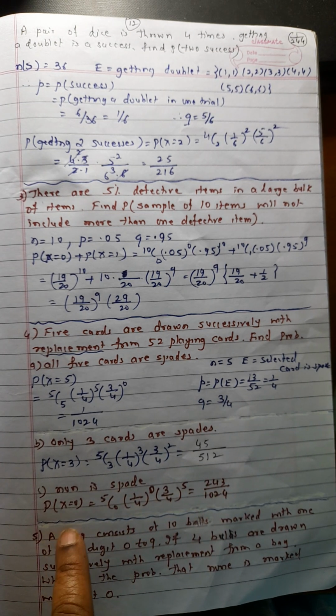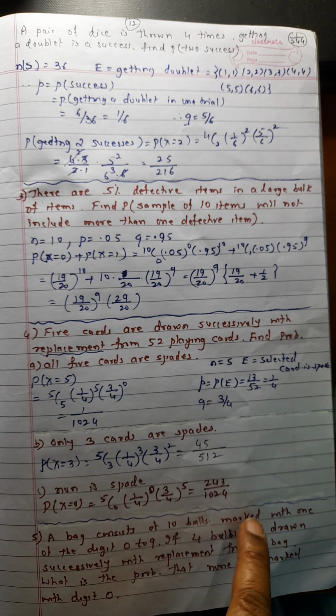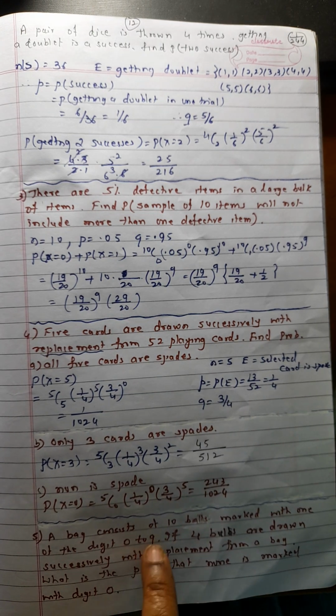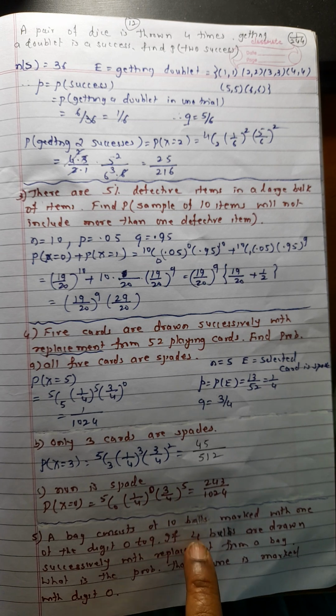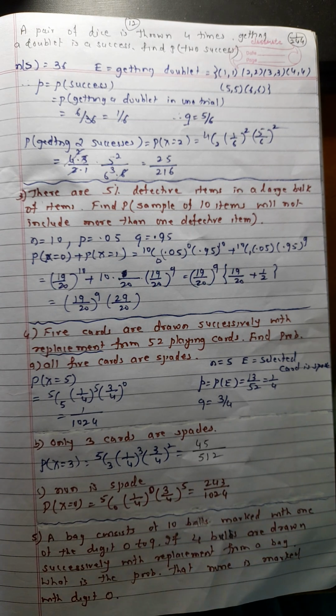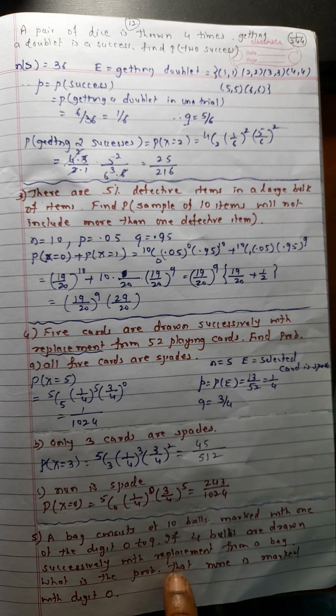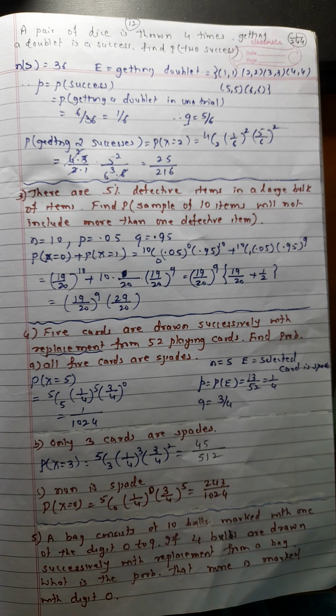Next problem, a bag consists of 10 balls marked with digits 0 to 9. 0 to 9 there will be 10. If 4 balls are drawn successively with replacement from the bag, what is the probability that none is marked with digit 0?